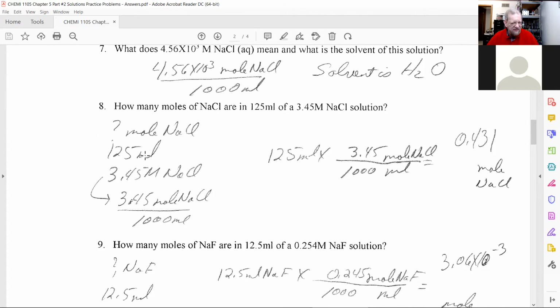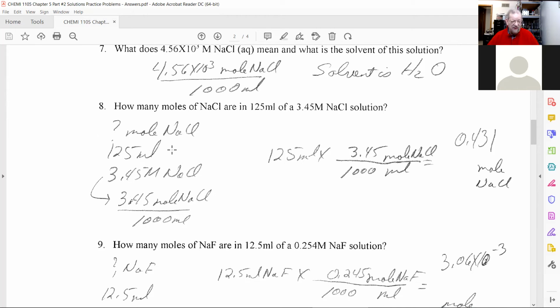A volume of the solution, and this 3.45 capital M NaCl. Capital M, molarity, really means 3.45 moles of sodium chloride per 1,000 milliliters of solution.